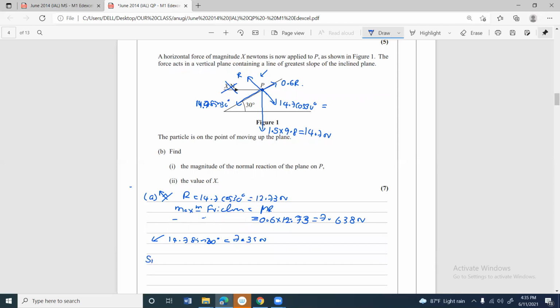So you can say, since the friction is bigger than the force downwards along the plane, the object does not slide down.